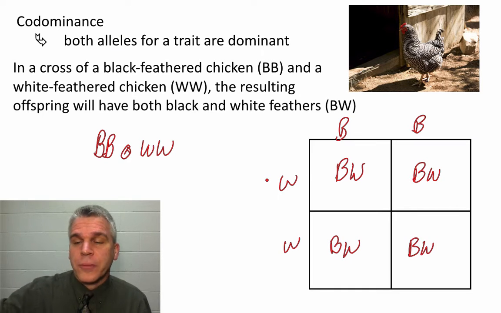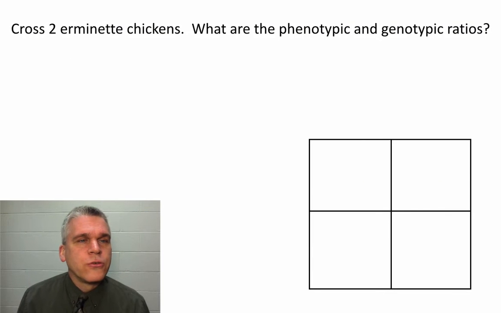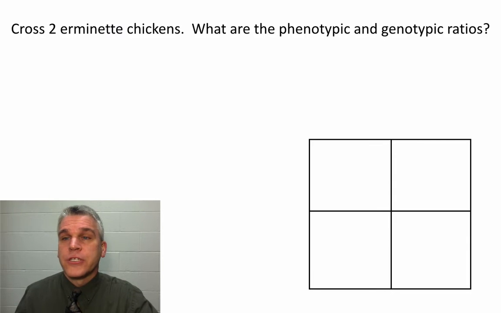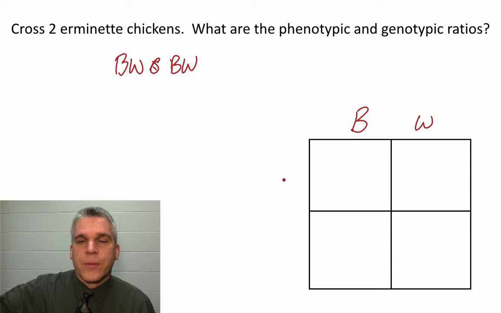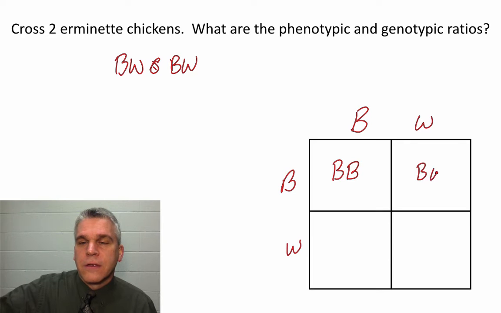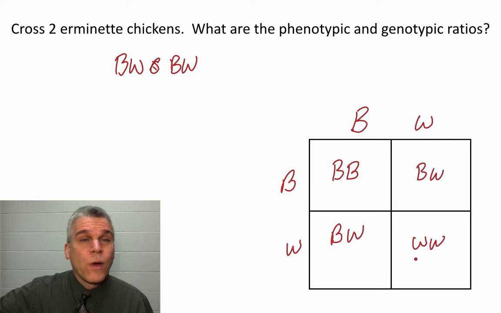So again, these are called erminette chickens, and so let's do a cross here. It says to cross two of these erminette chickens, what are the phenotypic and genotypic ratios? So this would be a cross of a BW with a BW, so we do our Punnett square, we separate the two alleles, and we have a black feathered chicken, one with black and white feathers, another one with black and white feathers, and one with white feathers.